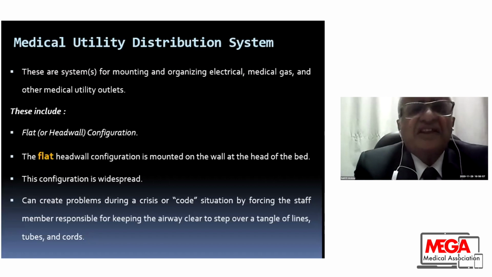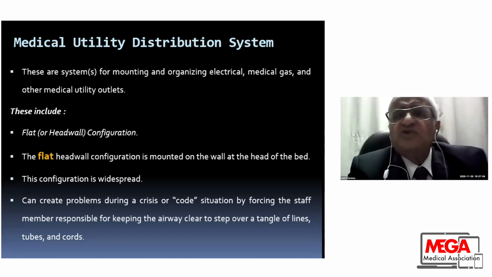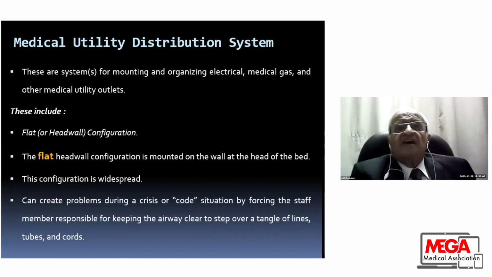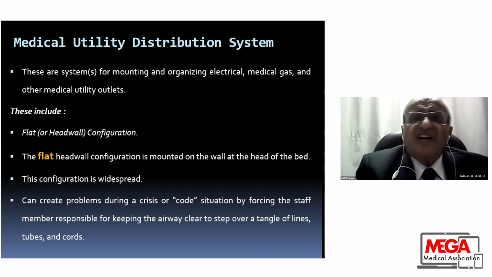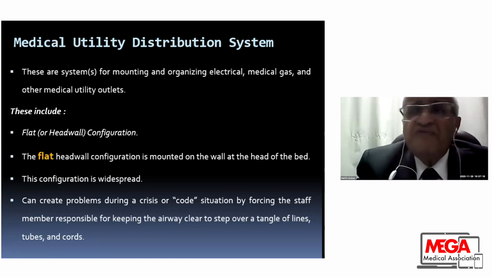These include either flat or head wall configuration. As I said before, the flat head wall configuration is mounted on the wall at the head of the bed. This configuration is widespread, but in cases of crisis, it is troublesome. It can create problems during a crisis or code situation by forcing the staff member responsible for keeping the airway clear to step over a tangle of lines, tubes, and cords.